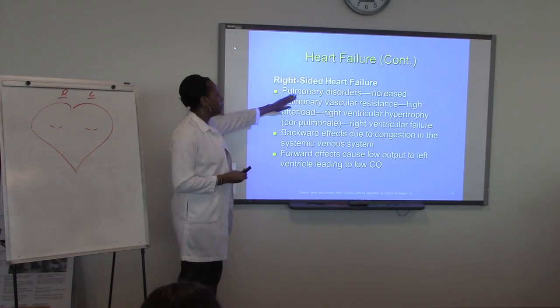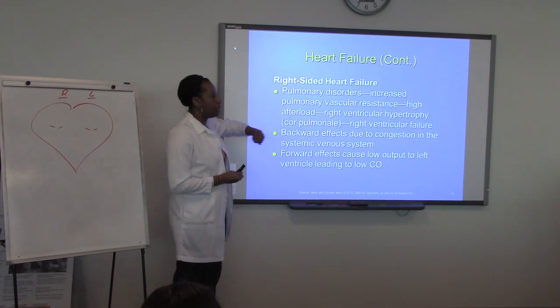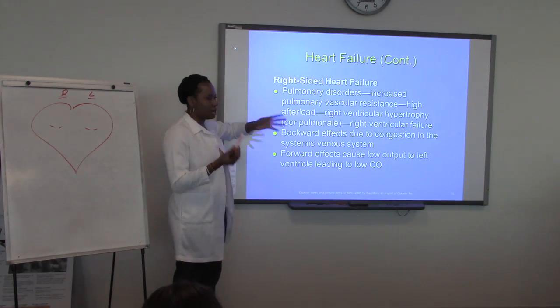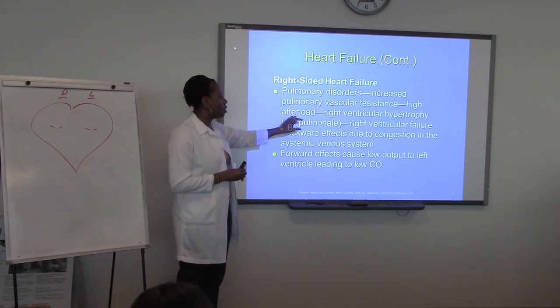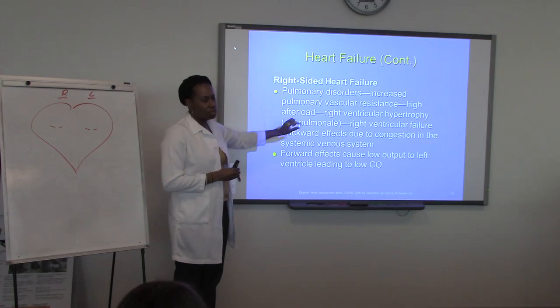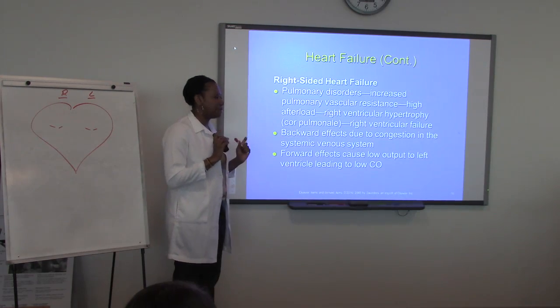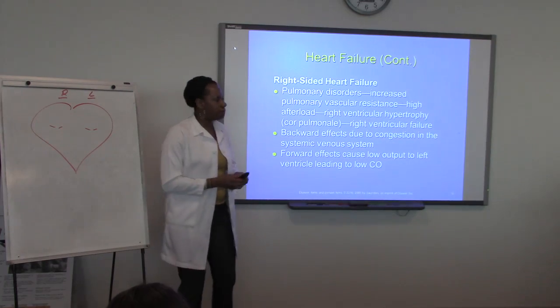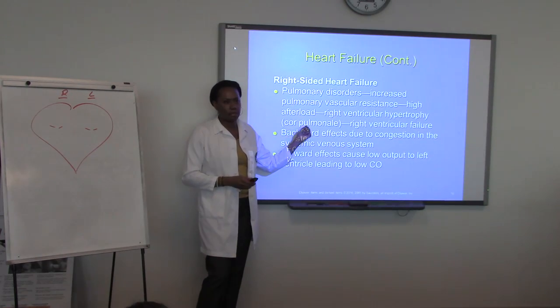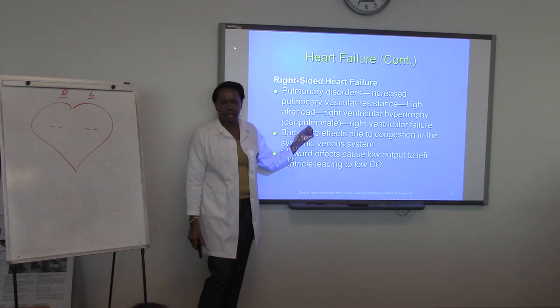Okay. So pulmonary disorders will increase pulmonary vascular resistance, giving a high afterload, and right ventricular hypertrophy, and they have here something called cor pulmonale, which you can say is right ventricular failure or right-sided heart failure. So let me give you the definition of cor pulmonale. And if I'm not mistaken, I believe you guys have to chart it this way.